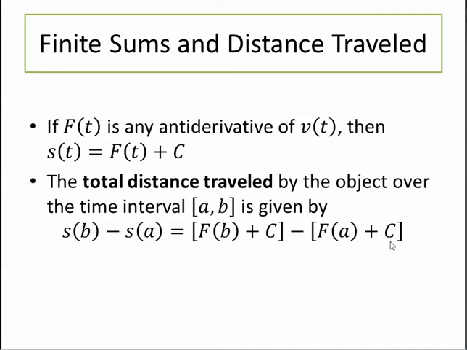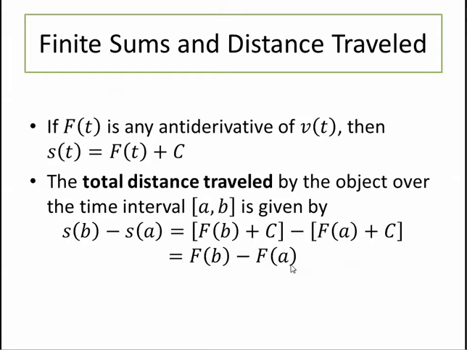When we do this, the two c's cancel each other out, and we're left with our total distance traveled being equal to the antiderivative of v at the end point minus the antiderivative of v at the beginning point. So looking at this, we can see that it doesn't matter which antiderivative of velocity we use to calculate the total distance traveled. We can use the actual position function, or we can use any antiderivative.